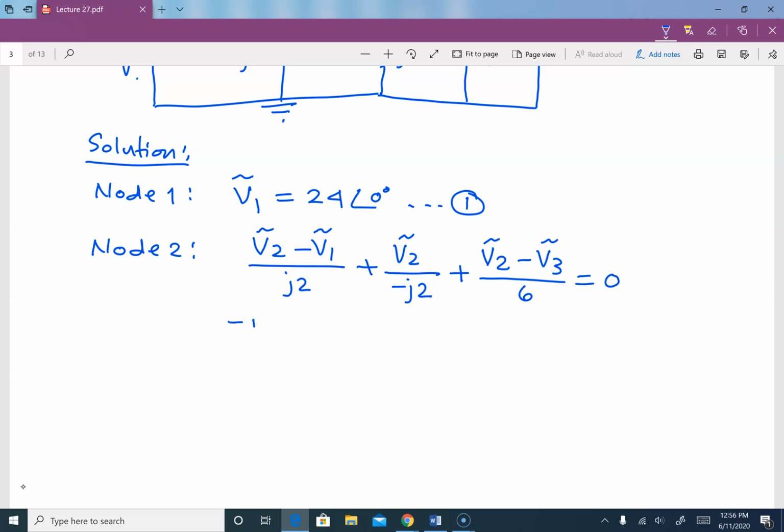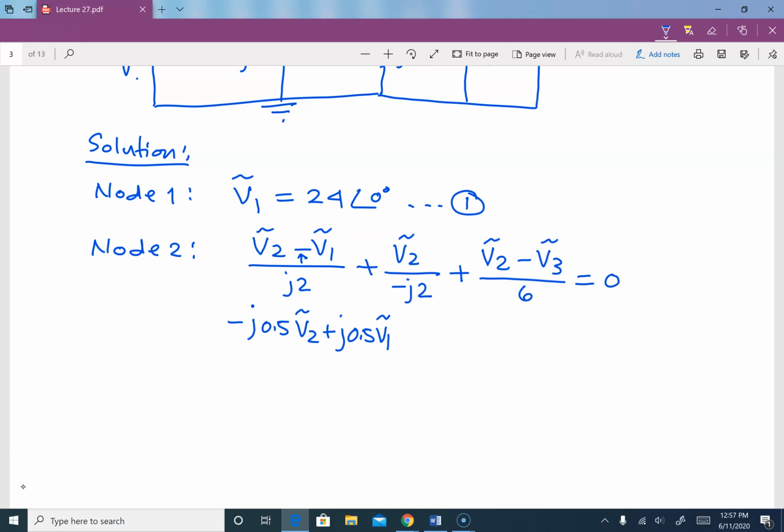So that will be negative J0.5 V2 plus J0.5 V1. The reason behind that is because we have a negative here, and when we bring that J to the top, it will become negative J, and I have a negative, so it will become positive.